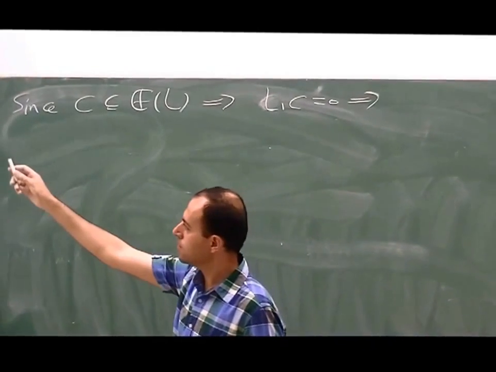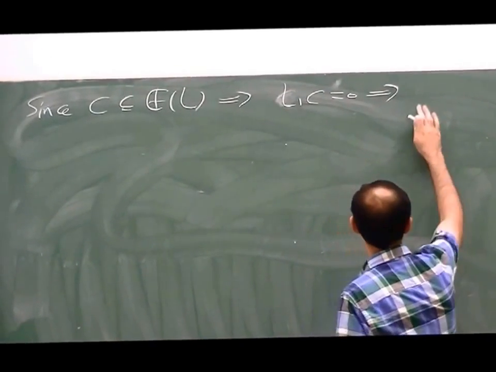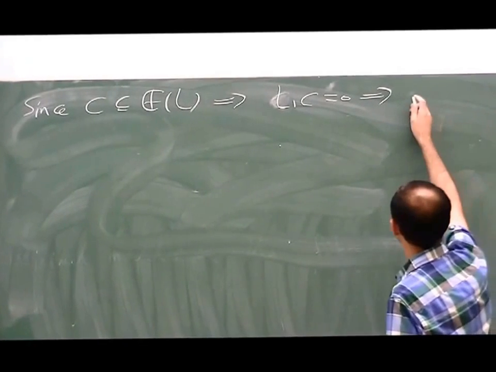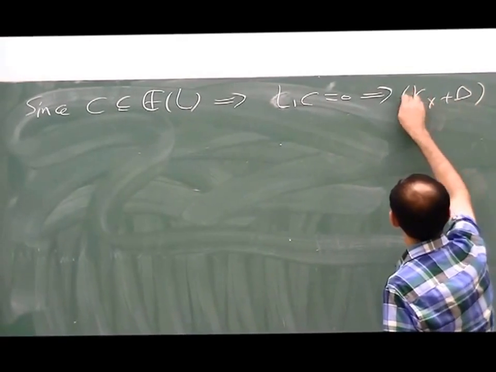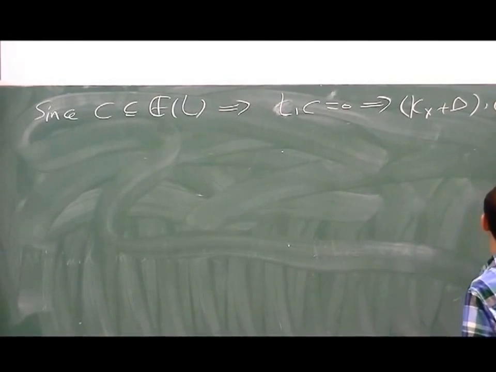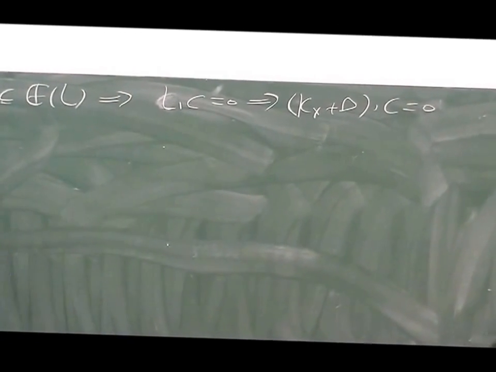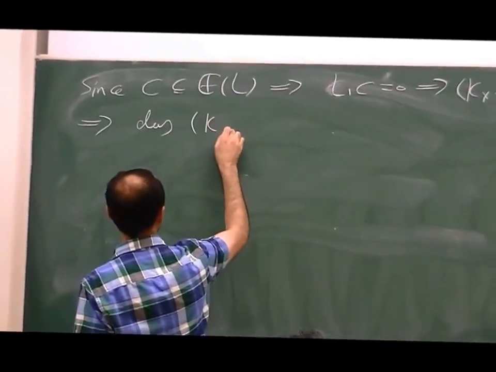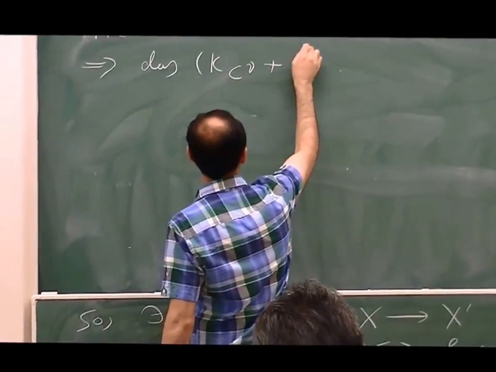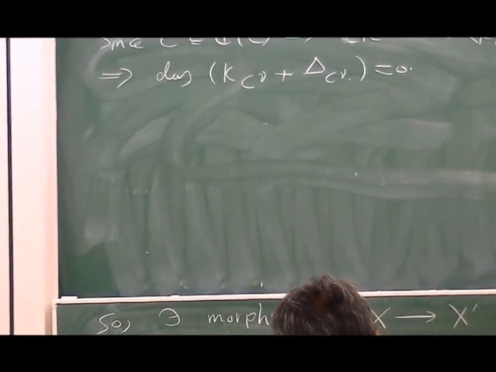And because T plus alpha A is essentially the same as L, it does not change intersection numbers, it also implies that (K_X plus delta) intersection with C is equal to 0. And when you go to the normalization, this just means that the degree of K_{C nu} plus delta nu is equal to 0.